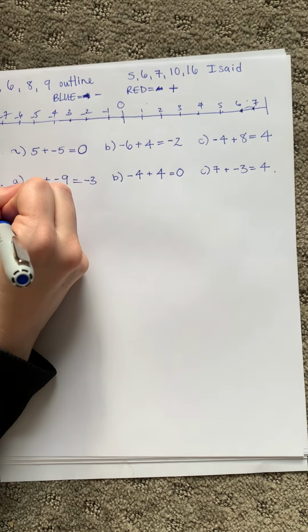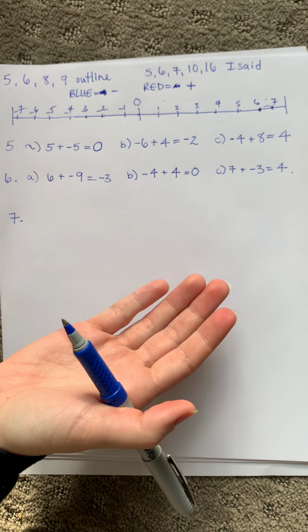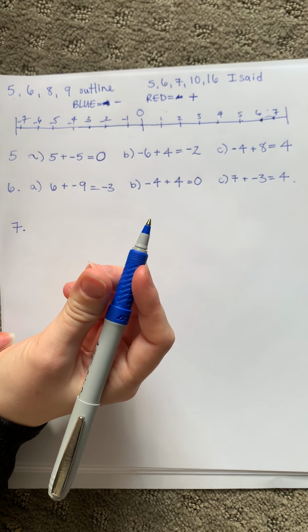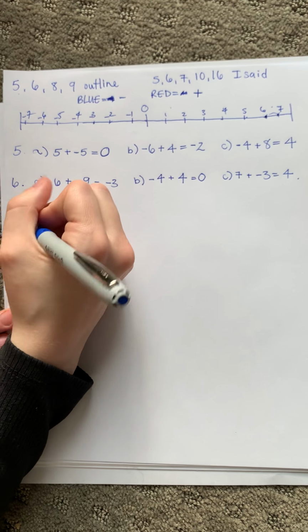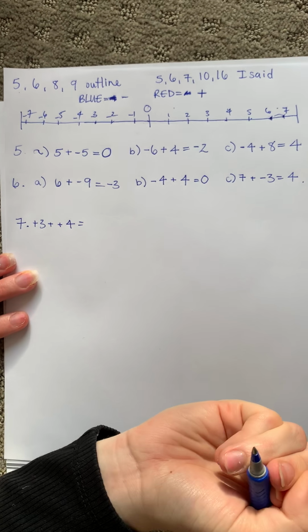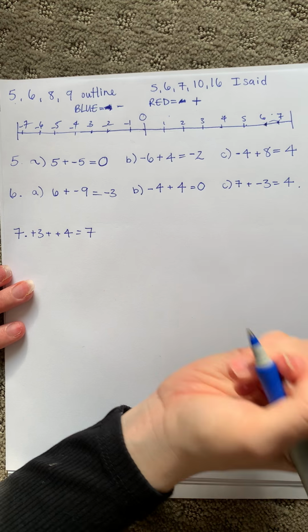So now moving on to question 7, which is very similar, but they didn't provide the dots for you. They just provided an equation. So it started with positive 3 plus positive 4. That's super easy. That is just a normal positive 7.